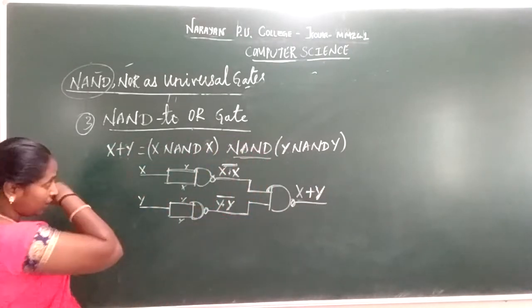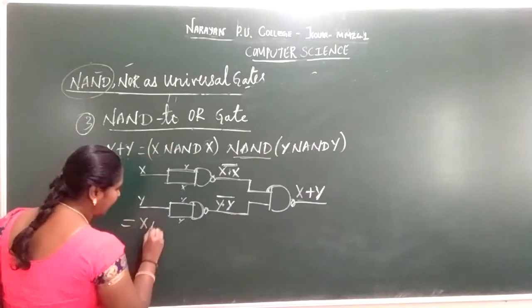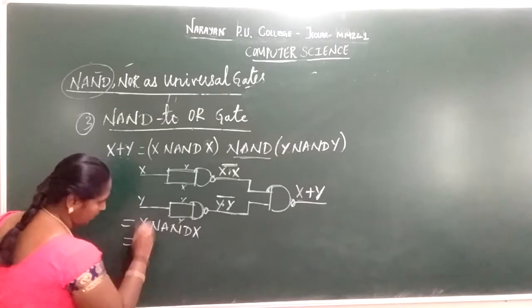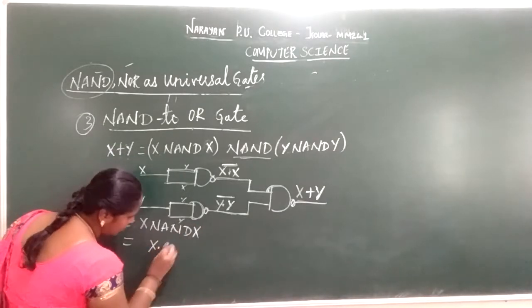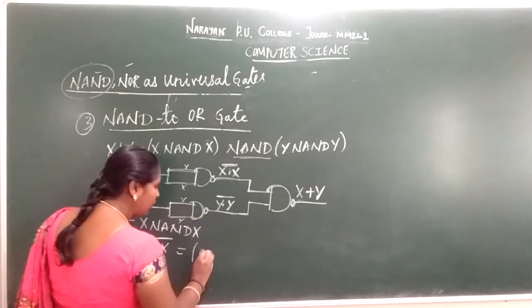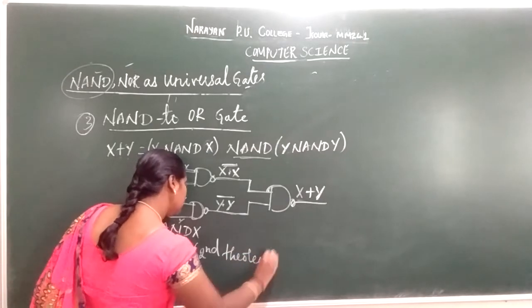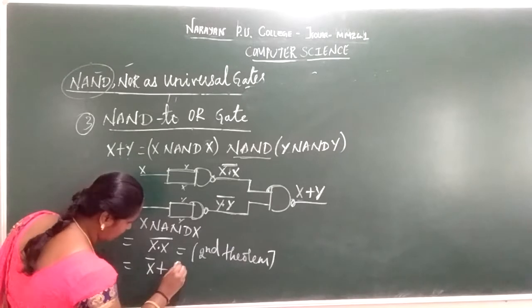So how are we going to write it? Before solving the expression, first we will take x NAND x. To remove this NAND operation, represent it in the form of symbol, x dot x bar. So this is according to your second theorem, the Boolean second theorem, which can be written as x bar plus x bar.